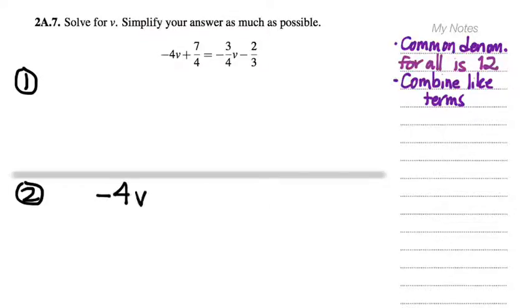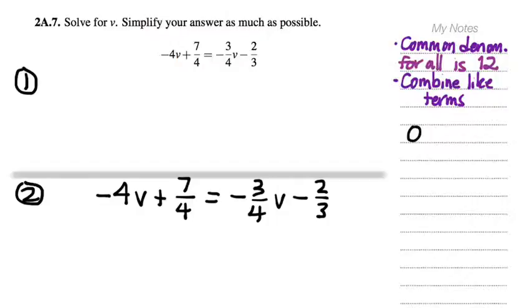Minus 4v plus 7 over 4 equals minus 3/4 v minus 2/3. Option 1 is just to solve this equation like normally, right? Normal strategy.